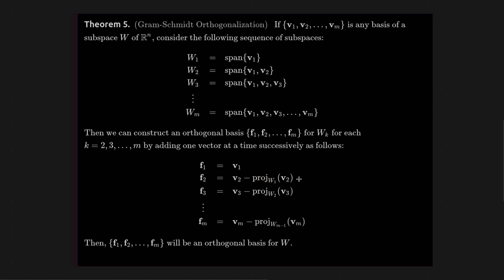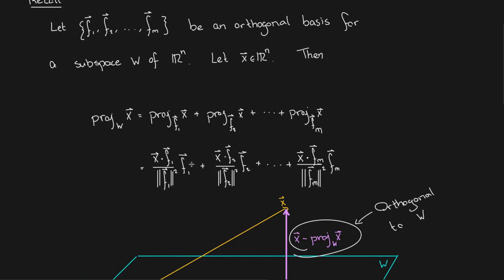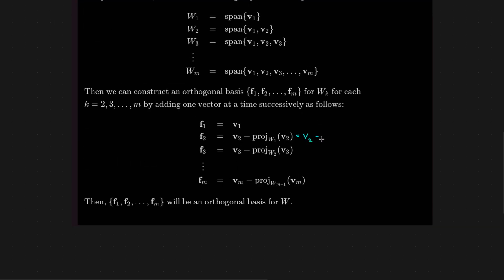So for this one, for example, we would have V2 minus the projection of V2 onto W1. We know the projection of a vector onto a space. We just take the dot product of the vector that we're projecting with each orthogonal basis vector in the original space. So we do want to use the orthogonal basis, so we want to use the F's here.